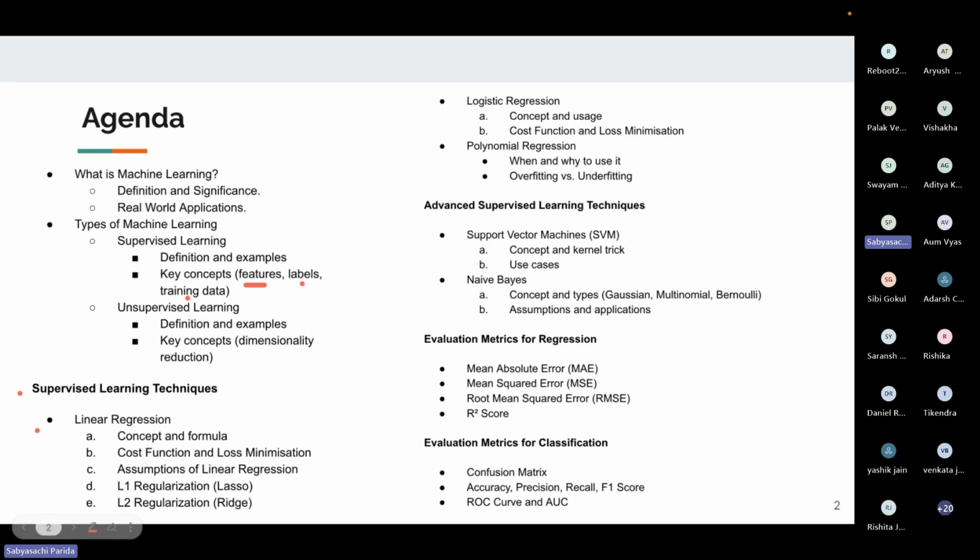In that, we'll cover linear regression, logistic regression, polynomial regression, and the various intricacies around linear regression, like the various cost functions, how to minimize the loss, how to do regularization on top of it, and the other techniques around the support vector machine and naive Bayes, which are considered somewhat different from the traditional machine learning concepts like linear regression and logistic regression. The other thing we will cover today is how to evaluate the models I have built. So what are the various evaluation metrics for regression and what are the various evaluation metrics for classification? Okay.